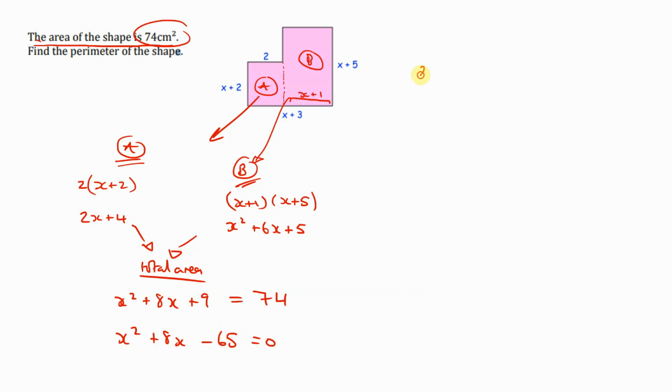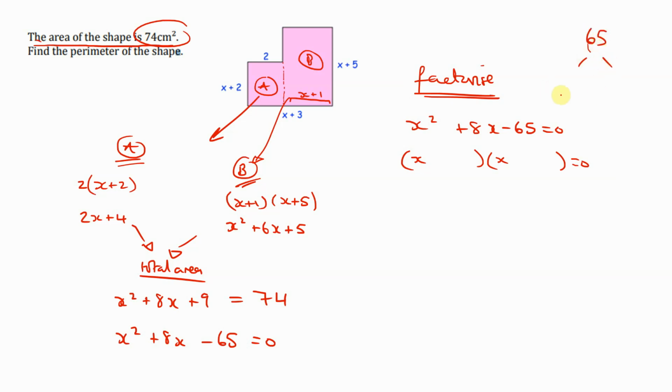We want to then factorize this. So let's think of our factors of 65. Have a go at this up here. I'm not going to list the ones that are obviously going to be wrong, like 65 and 1. We could think, well, 5 and 13.